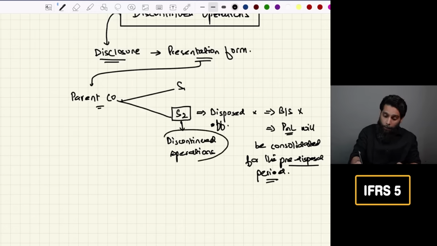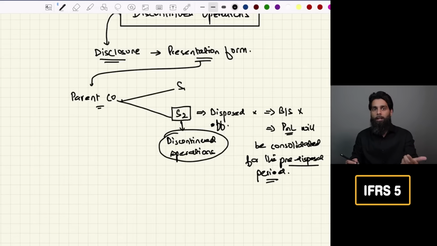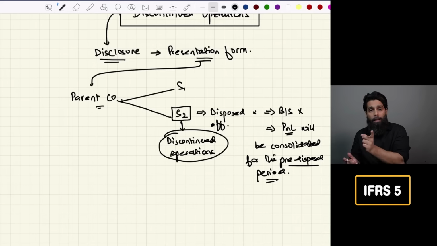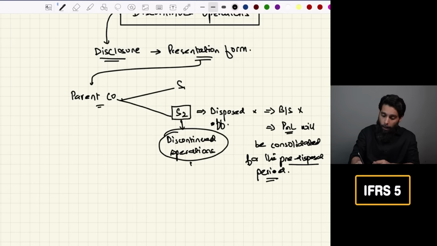But if that subsidiary represents a discontinued operation, and you need to know what a discontinued operation is, it should represent a geographical area of operation or a separate line of business. So if you are disposing of a subsidiary which represents a separate line of business and it's a discontinued operation, you cannot simply consolidate that subsidiary during the pre-disposal period.